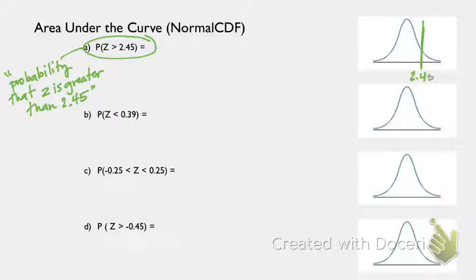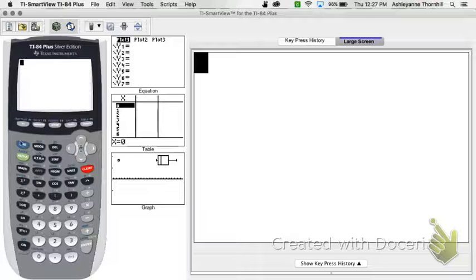So I'm going to put 2.45, and do I want the shaded area above that or below that? To the right or to the left? To the right. So I want to figure out what is this area that is above 2.45. So in my calculator, you are going to go to second, vars.